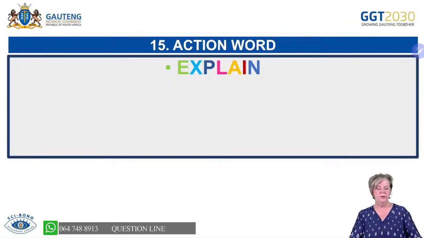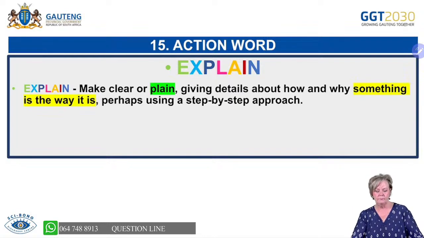So let's take a look at the word explain. Explain means to make clear or plain, giving details about how and why something is the way it is, perhaps using a step-by-step approach.